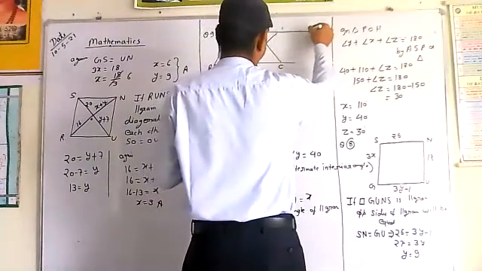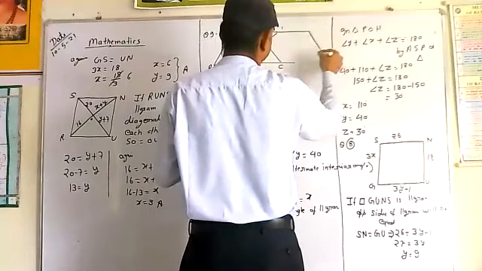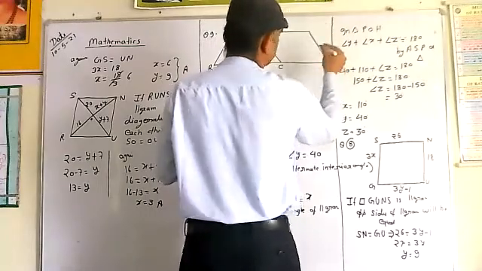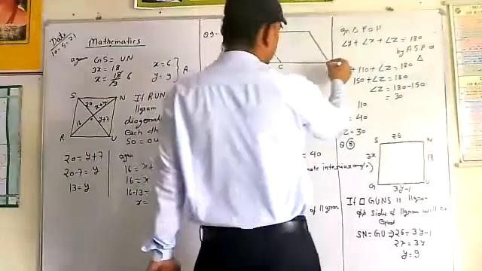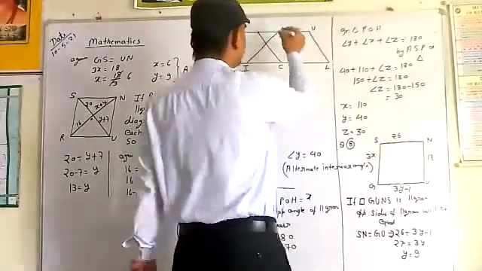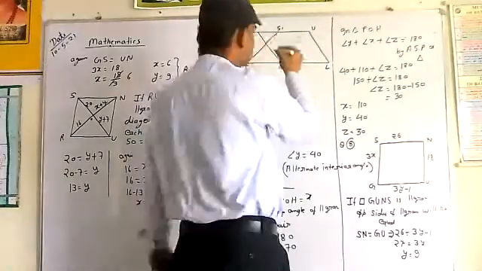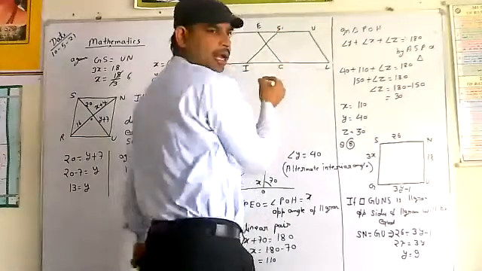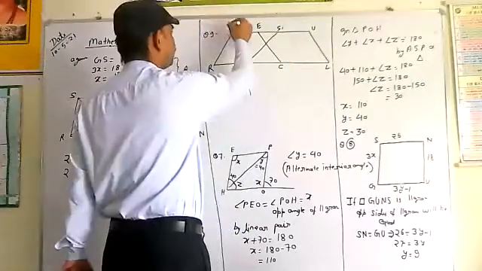Draw the correct figure like this. This is L, and here U, and one more S. This is E and K.